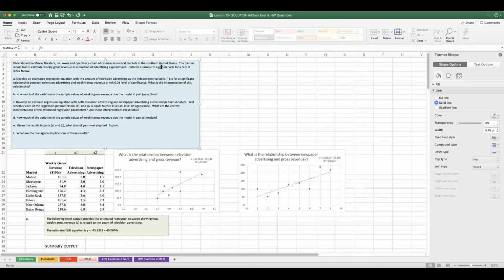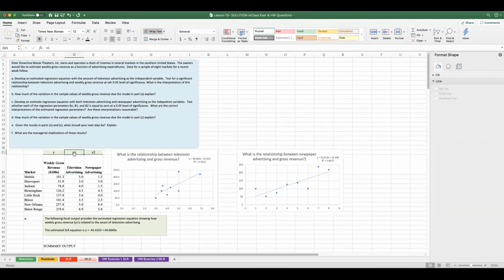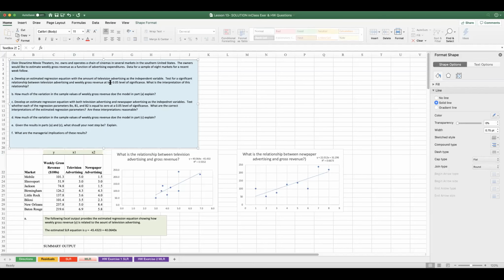Data for the sample of 8 markets for a recent week follow. So A, develop an estimated regression equation with the amount of television advertising as the independent variable, X, and test for a significant relationship between television advertising and weekly gross revenue at the 5% level of significance. What's the interpretation of this relationship?